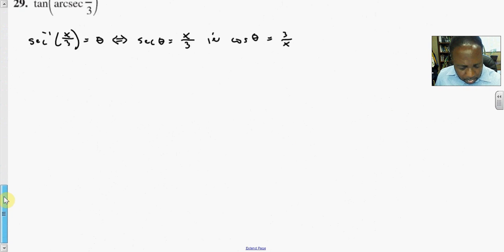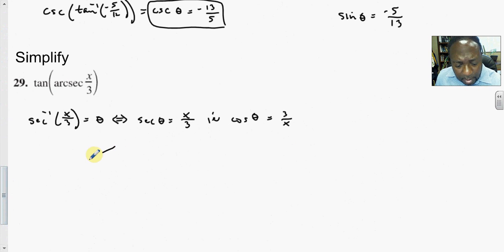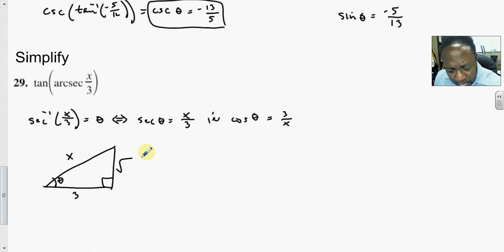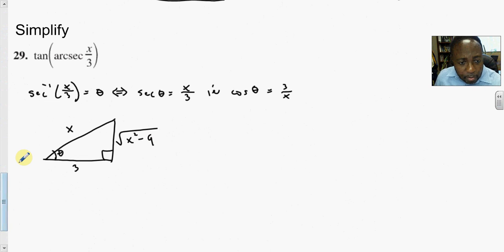So it's the only problem that we have left. So I'll come down here and take the space. So cosine theta is the adjacent 3 over the hypotenuse x. So this leg here is the square root of x squared minus 9. So now you want to find the tangent of this angle.